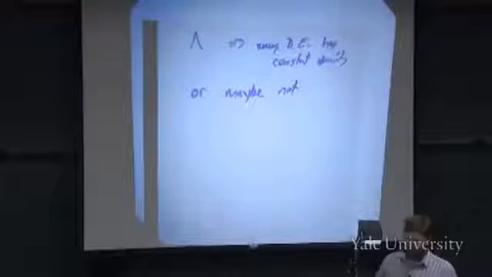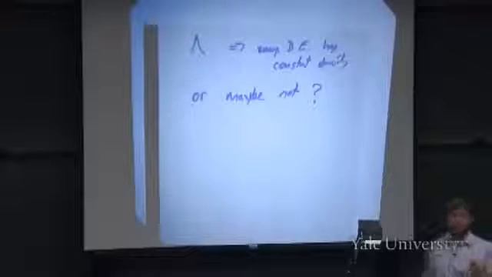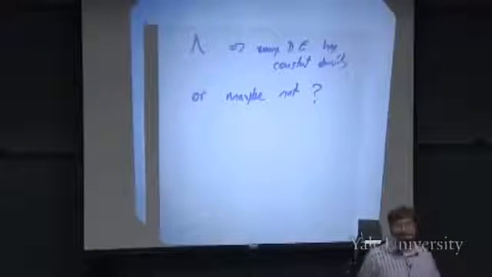But since we don't know what the heck this stuff is, maybe that's wrong. Or maybe not. If it's not, we don't call it lambda anymore. But if you allow for changes in the density, you can get very interesting potential effects.